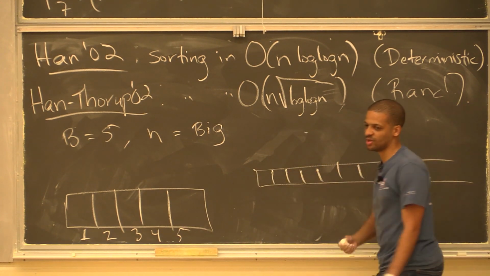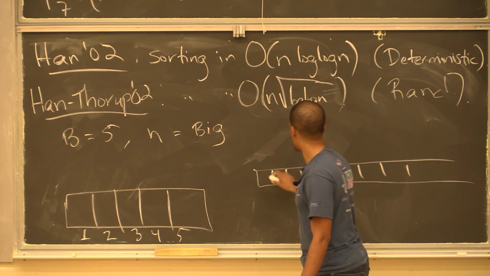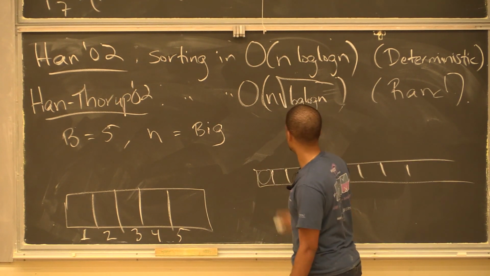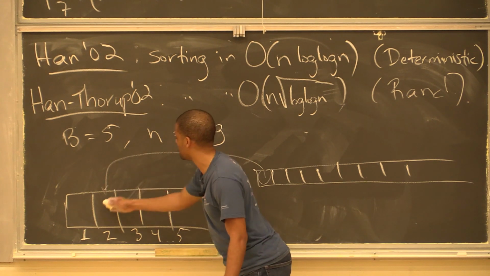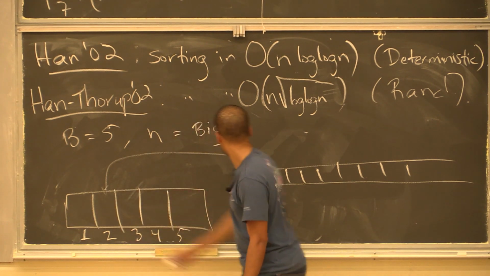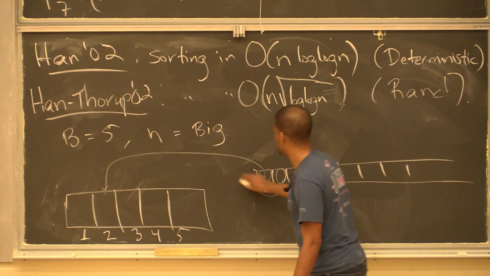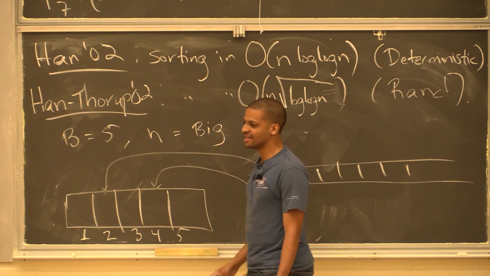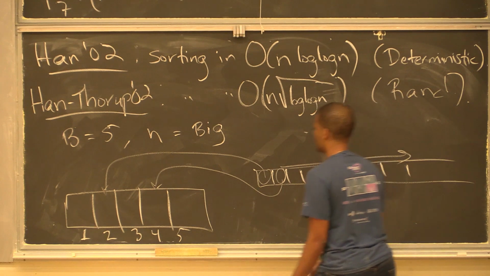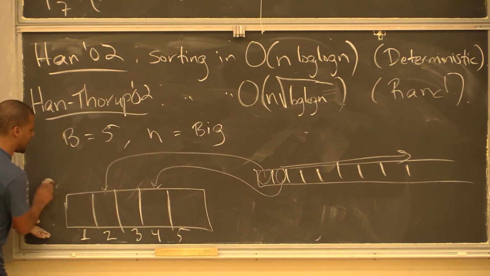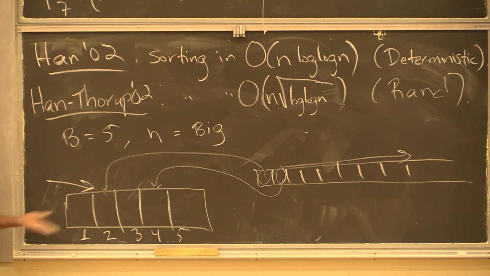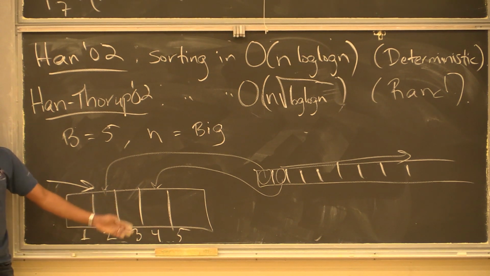All of these entries are between 1 and 5. I'm going to look at them one by one. Oh, this is a 2, so I'll put it in bucket 2. Bucket 2 could just be a linked list, for example. Here's something that has value 4. I'll put it in bucket 4. And once I'm done with the scan, I go here and scan this array in order and output the entries in all of these buckets.